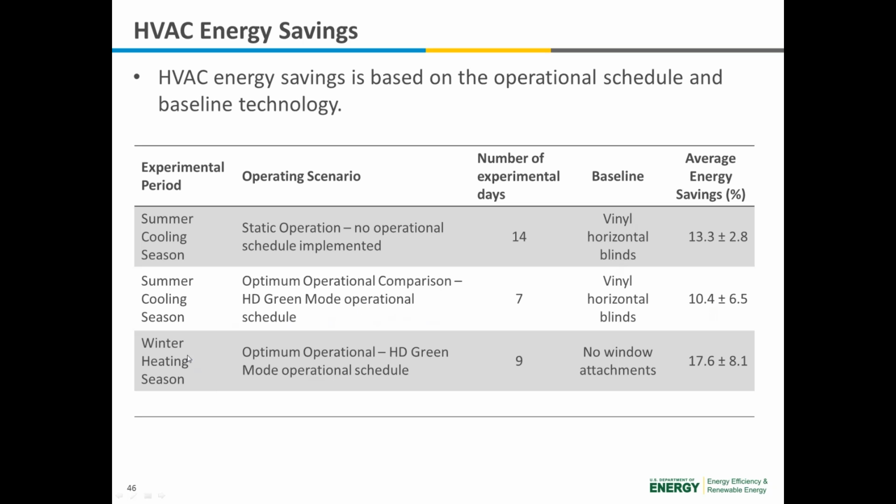And then we have the winter heating season, the optimal operation, where the baseline is no window attachments in the baseline home, and Hunter-Douglas honeycomb cellular blinds operating in the HD green mode in the experimental home. We can see a 17.6% reduction in HVAC energy load just based on a baseline home with no window attachments.